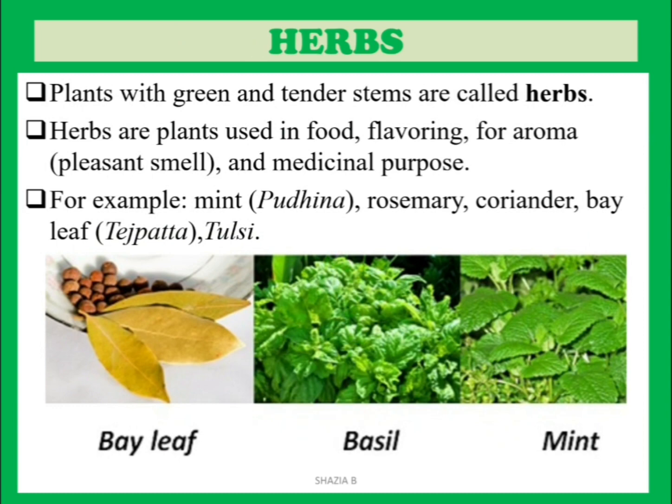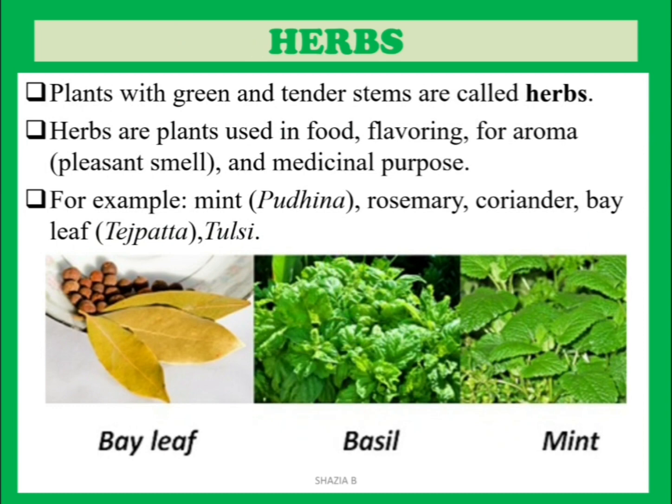Tender means soft stems. Herbs are plants used in food, flavoring, for pleasant smell and for medicinal purposes. Examples are given here: pudina, our mint, coriander, and tulsi. These are all examples of herbs.